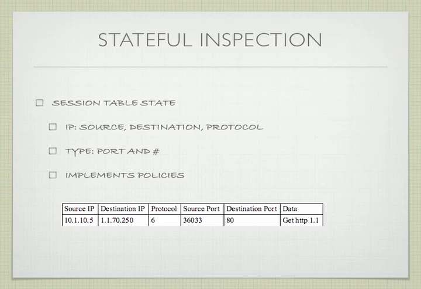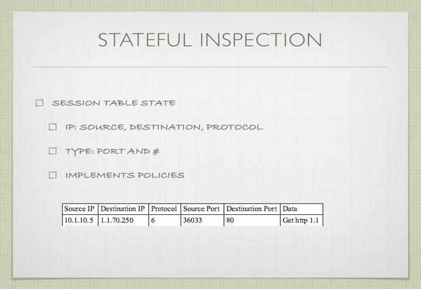Here we have a source IP address of 10.1.10.5. The destination IP address is 117.25.0, standard protocol 6, source port of 36033, and a destination port of 80. And this is a type of HTTP request. So this then is established in the session.